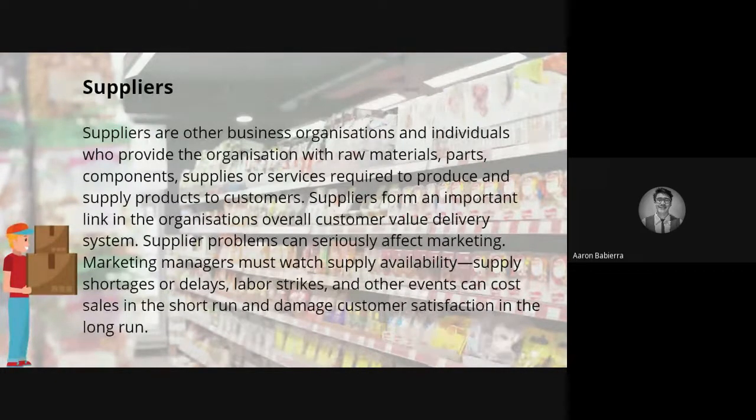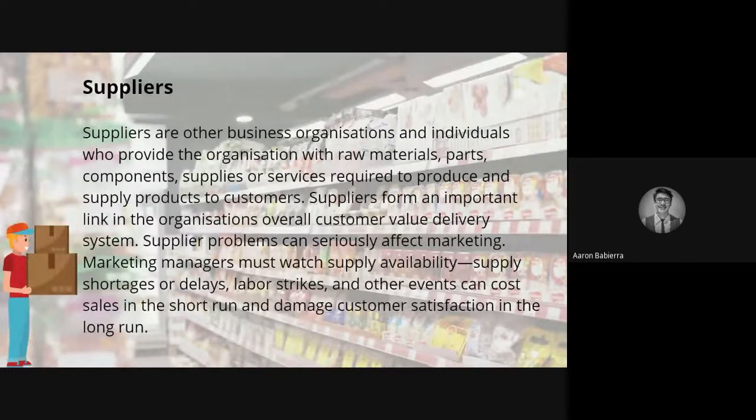It can seriously affect our industry once there is a delay or some problem. Suppliers play an important role in the industry. Without suppliers, how can we satisfy our customers, and how can we deliver our service and products? When there's a delay or shortage in our supply, it can really cause problems.